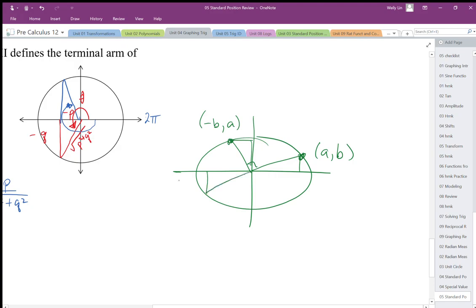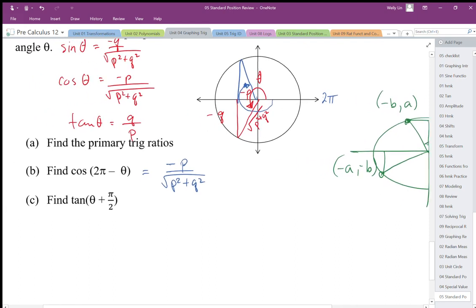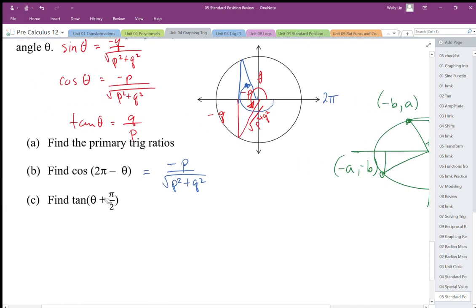And that's the same thing that's going to happen when we keep rotating. We just switch x and y's, and one of them becomes the opposite sign. So this becomes positive B, negative A. So these are what happen with 90-degree rotations. Essentially, the x and y switch, and we get the negative reciprocal.